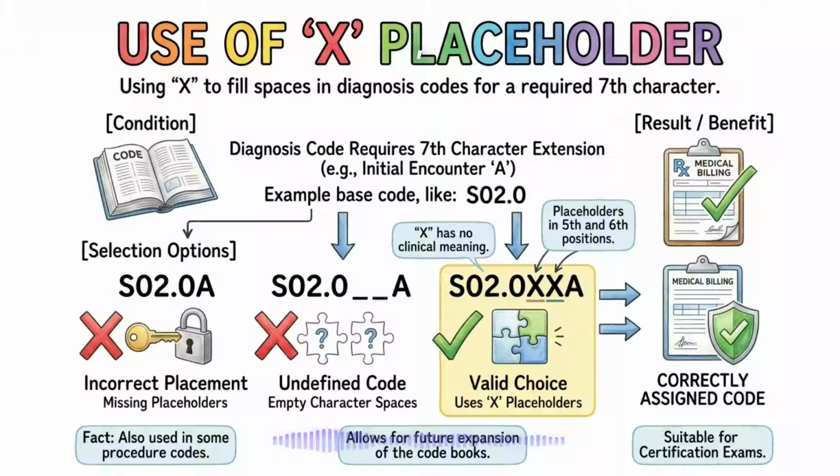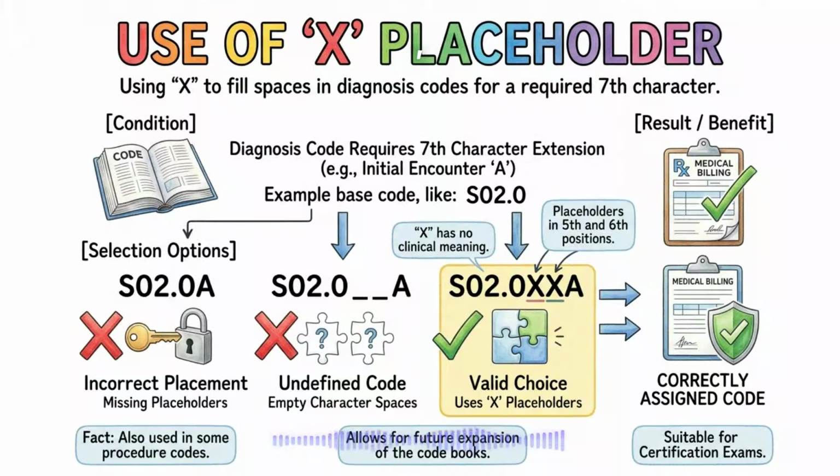Both the diagnosis and procedure code sets utilize placeholders, specifically the letter X, to allow for future expansion of the codebooks. In diagnosis coding, the letter X is often used to fill empty character spaces so that a required seventh character extension can be placed in the correct position.